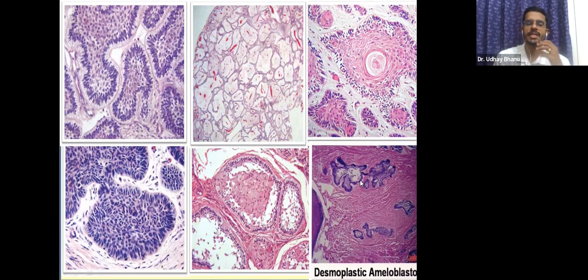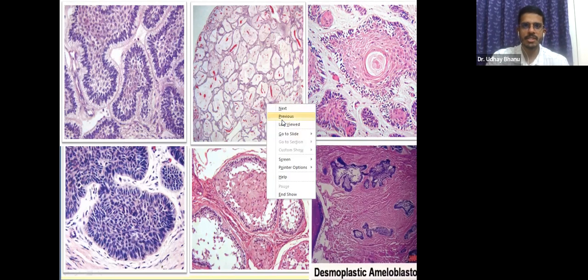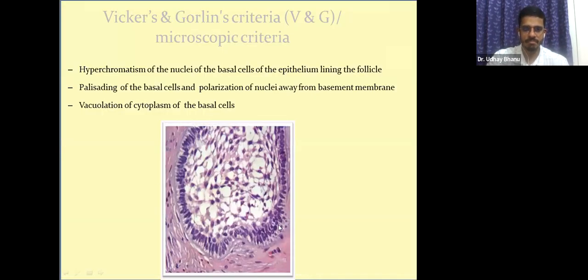Now, I am going to tell you an easy way to remember the histological subtypes for the ameloblastoma. For that, you should first appreciate this picture. This picture is how a typical ameloblastoma will look. An ameloblastomatous follicle, or a follicular ameloblastoma, will have the cells towards the periphery showing Vickers and Gorlin's criteria, and then the central cells will appear like stellate reticulum-like cells.